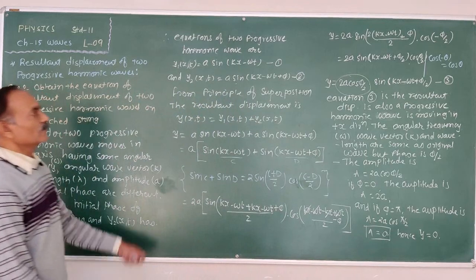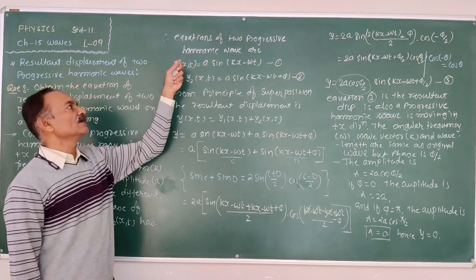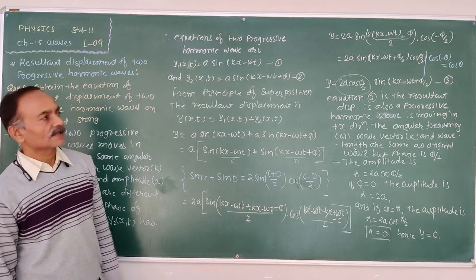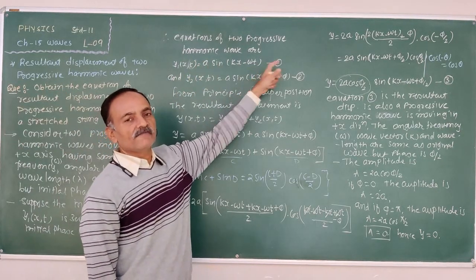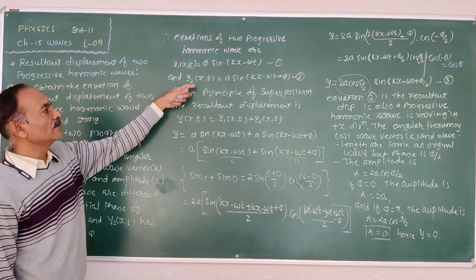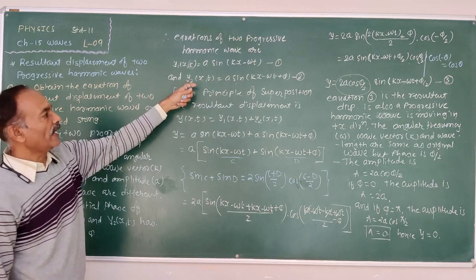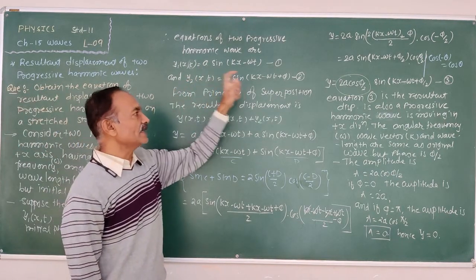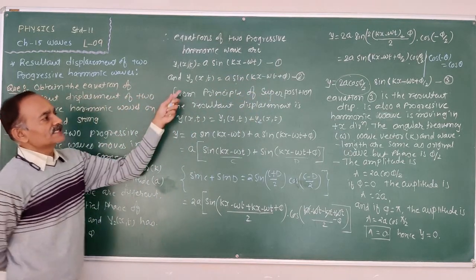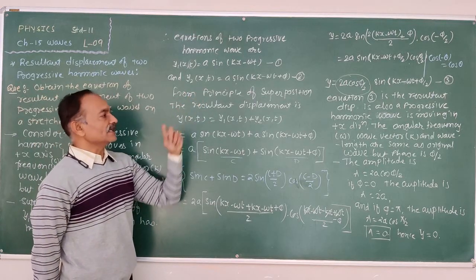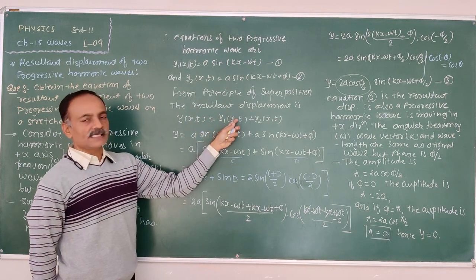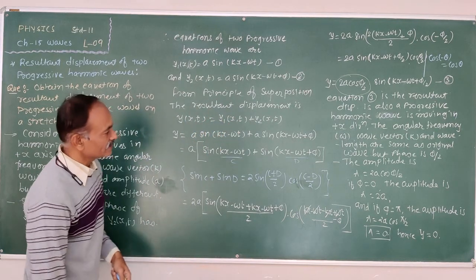Therefore, the equations of the two progressive harmonic waves are y1(x,t) is equal to a sin(kx minus omega t). That represents the first equation with initial phase 0. Now the second progressive harmonic wave, the displacement is y2(x,t) is equal to a sin(kx minus omega t plus phi). From the principle of superposition, the resultant displacement is y(x,t) is equal to y1(x,t) plus y2(x,t).